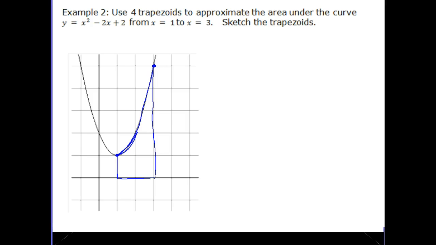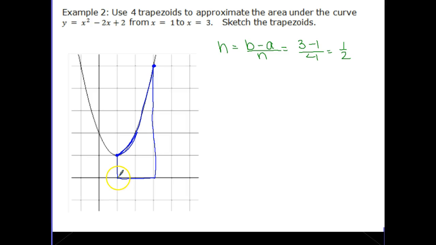So what we're going to do now to find that is find the height of the trapezoids. The height of a trapezoid will be B minus A divided by N still, where N is your subintervals. It says I need 4 trapezoids, so we're going from 1 to 3 and dividing by 4. So my heights are 1/2.